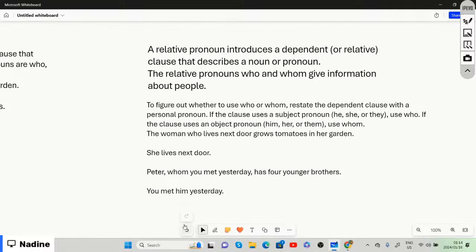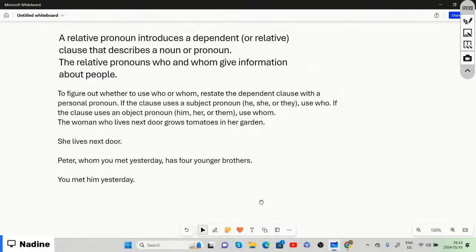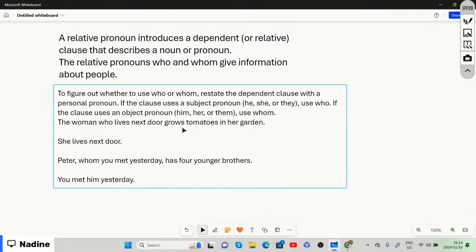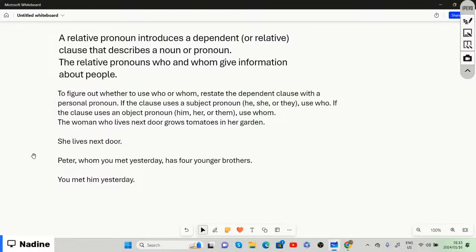In order for us to figure out whether to use whom or who, we need to restate the dependent clause with a personal pronoun.